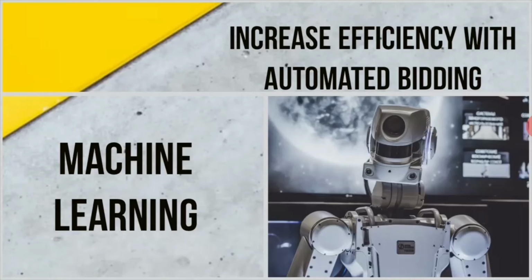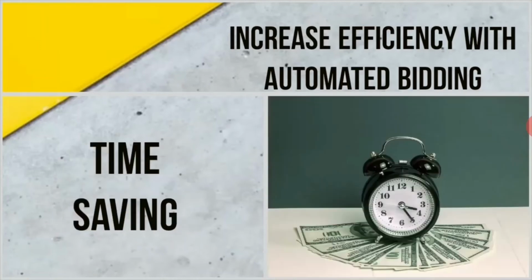So setting the bid, setting your goals, setting the audience, and then letting the machine learning do its work is the best practice for Google Ads automated bidding. It's also time saving, since you are letting the machine learning do its work and you just observe how your ad is growing or working, so it saves you a lot of time.